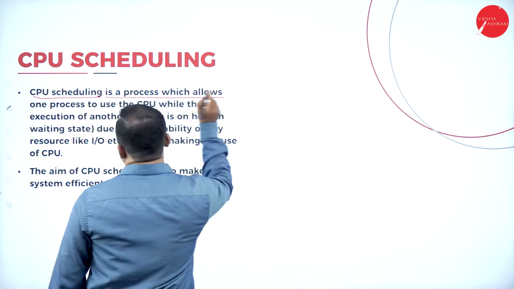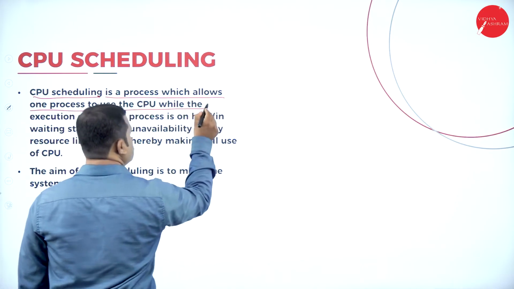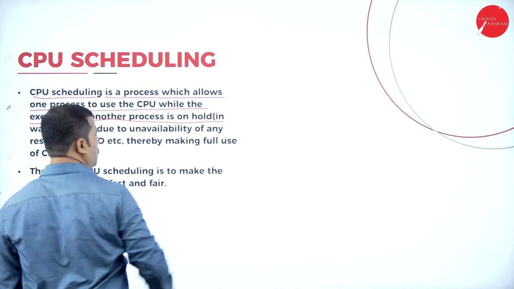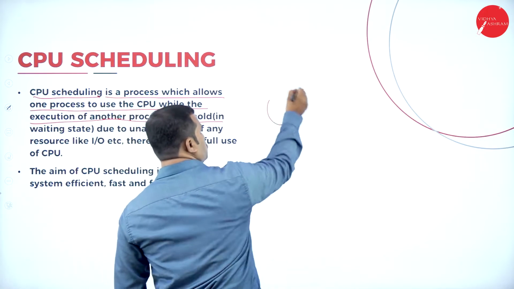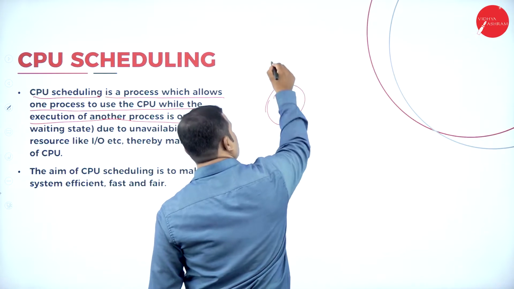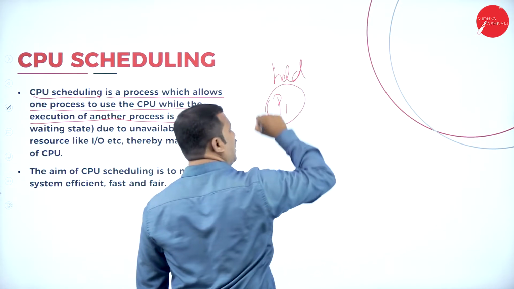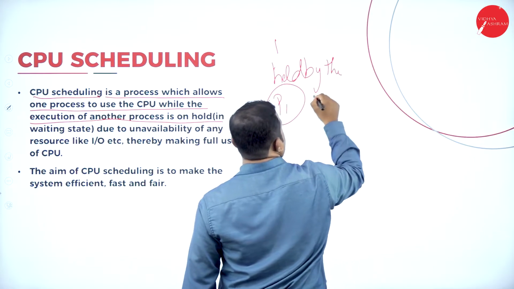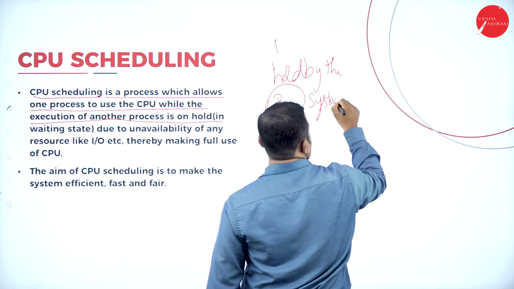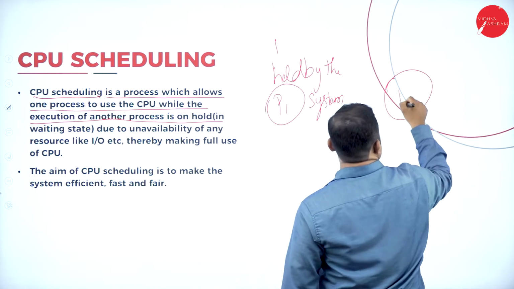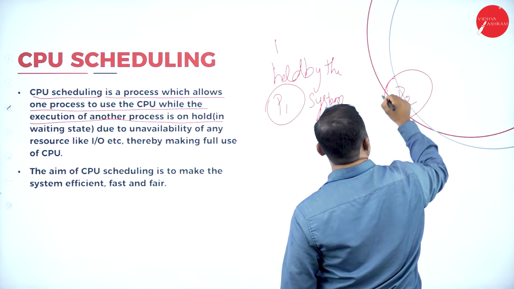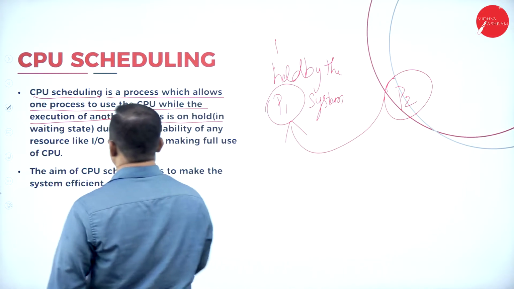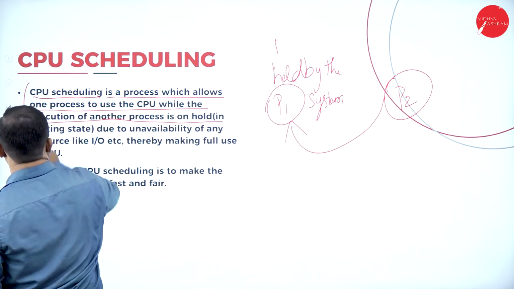It is a process which allows one process to use the CPU while the execution of another process is on hold. That means when process P1 is held by the system, and in the meantime P2 wants to use the resources of this P1, that is called the CPU scheduling algorithm.